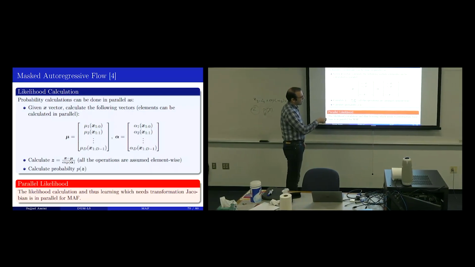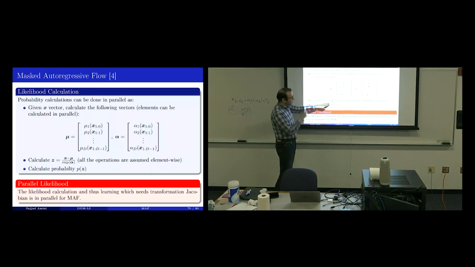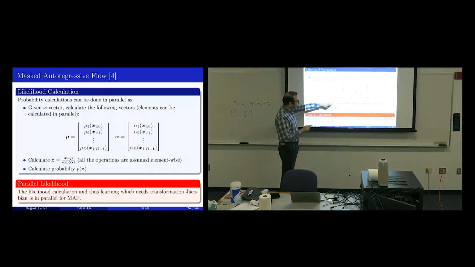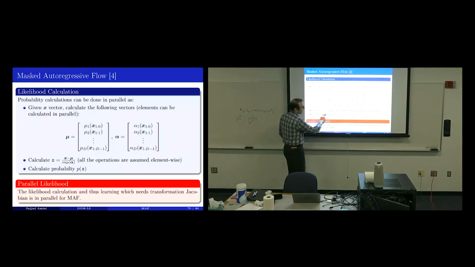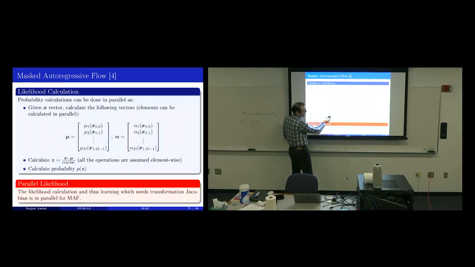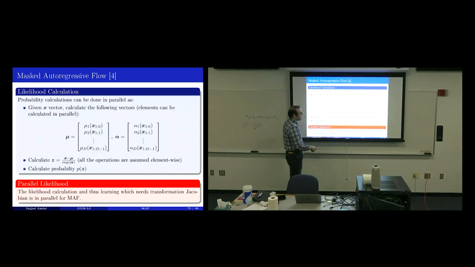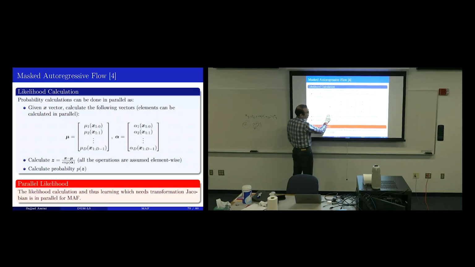and then by the inverse transformation, but pay attention that all of the operations are element-wise. This exponential is element-wise, the division is element-wise. So first, I have x, I calculate these two vectors in parallel, then use this transformation to get z.